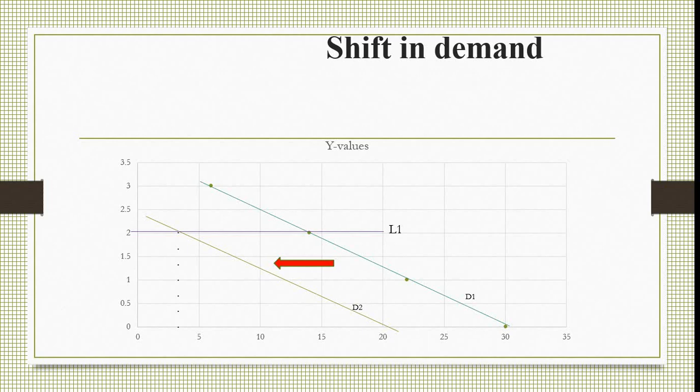That could result from changes in consumers' income, for example. All the other factors that determine demand, apart from the own price of the commodity, can cause this. So a decrease in those factors, for instance the consumer's taste and preference.